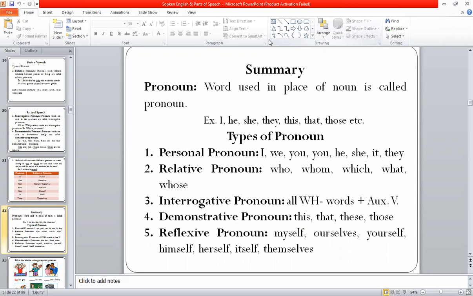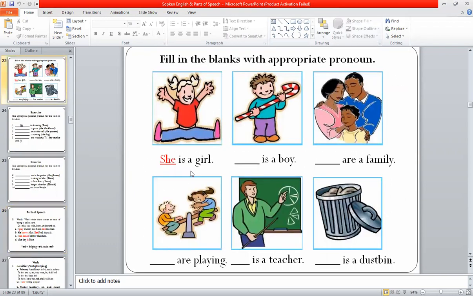Okay. Generally, we use self to talk about myself, ourselves, yourself, yourselves, himself, herself, itself, and themselves. So this is about the reflexive pronoun.